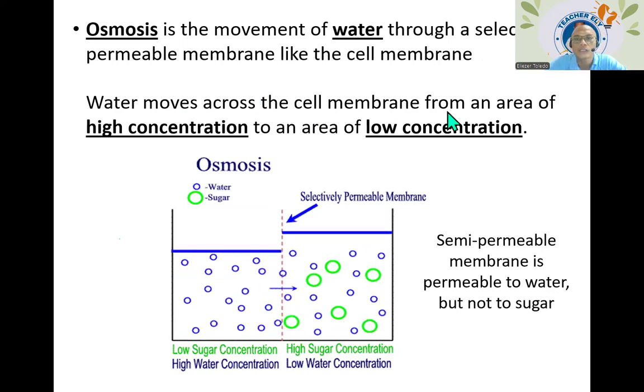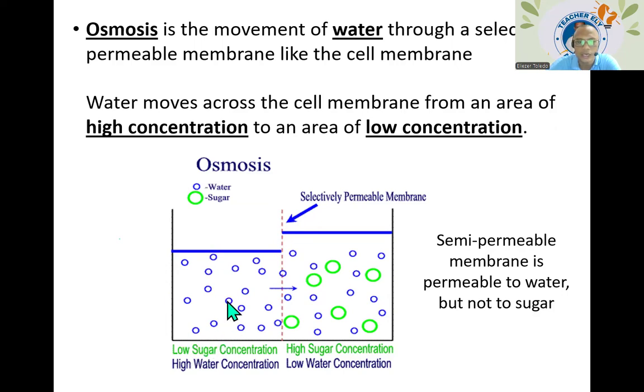Water moves across from one area of high concentration to an area of low concentration. What is our reference here? That's water, high concentration of water, while the other refers to the content of something, the solute. In this case, we're referring to high concentration of water represented by the blue color. On the other side, what do you see?